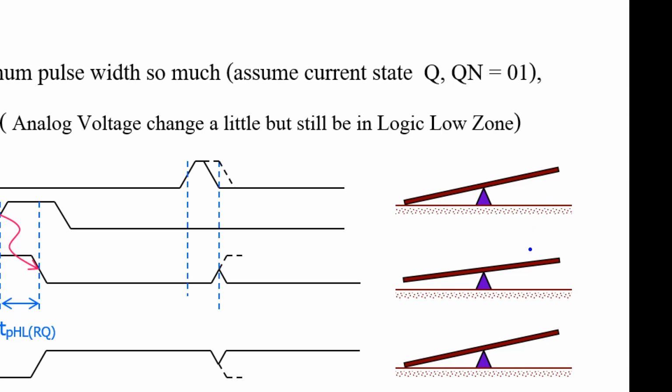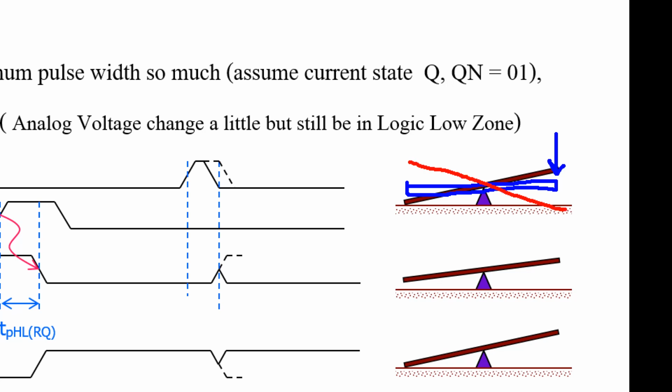But if you force this one and remove when the beam is around the middle level, after you remove it, it may be metastable, right? Balanced here, or maybe it's back to the previous state, or maybe it changes to this state.